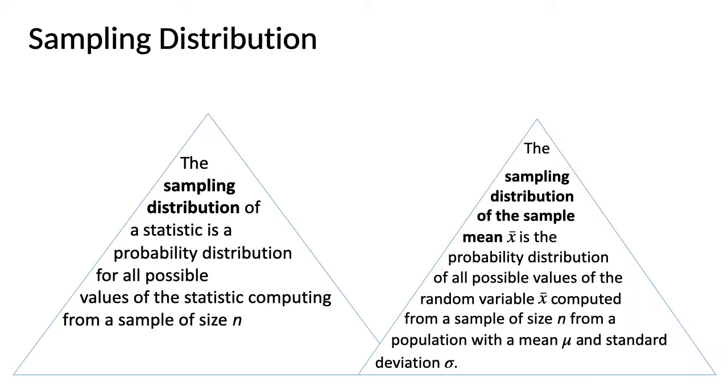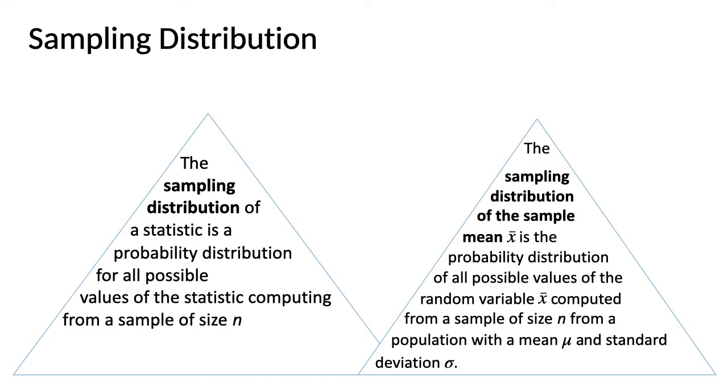The sampling distribution of the sample mean x bar is the probability distribution of all possible values of the random variable x bar computed from the sample size n from a population with a mean mu and a standard deviation sigma. So this is what we would like to further investigate as we move forward with our video.